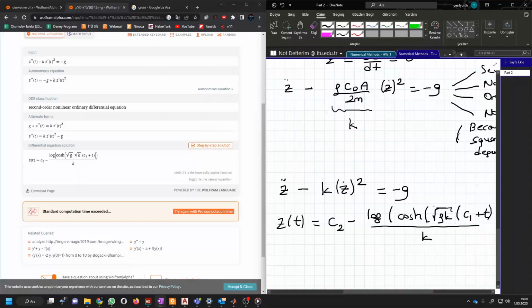So the solution comes up with two integration constants, c1 and c2, as expected since we have a second order differential equation.